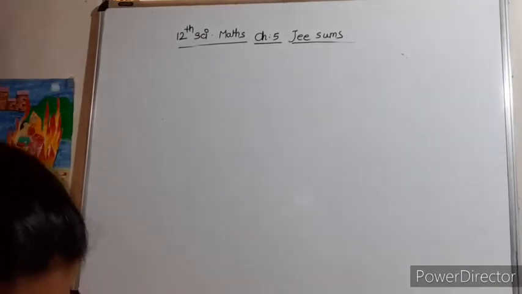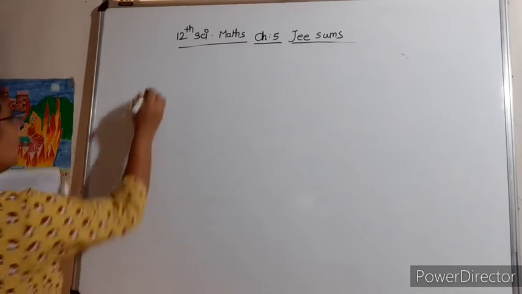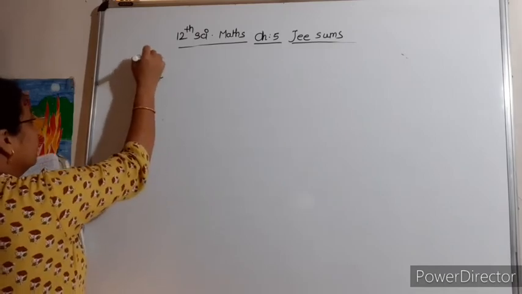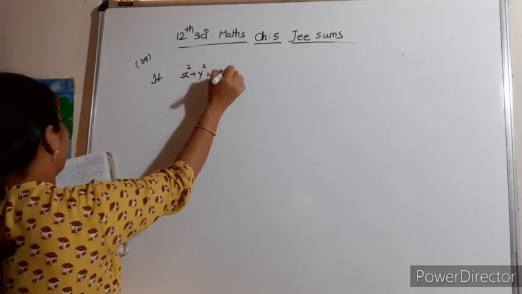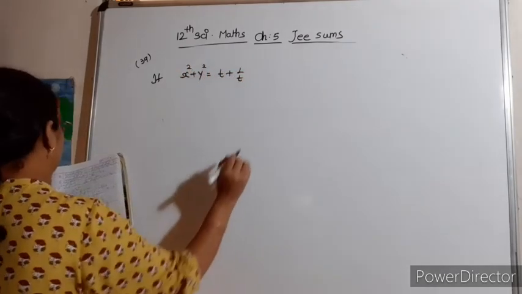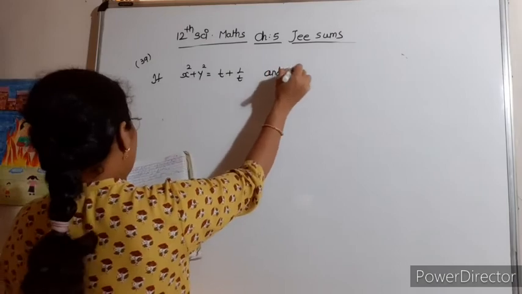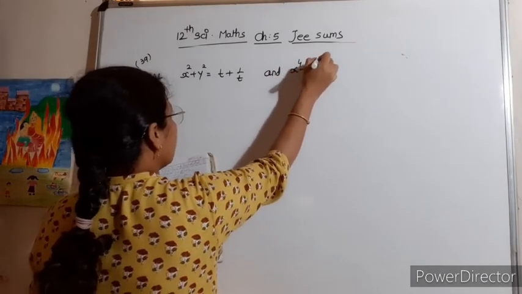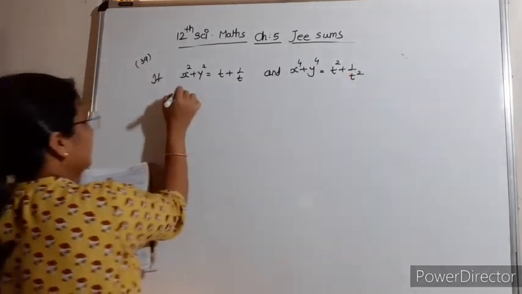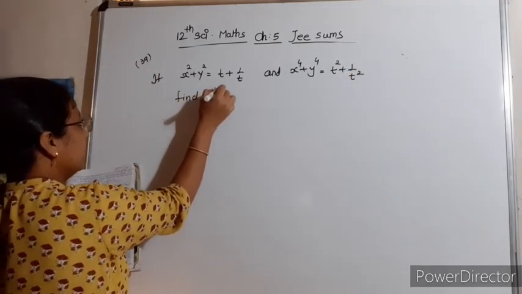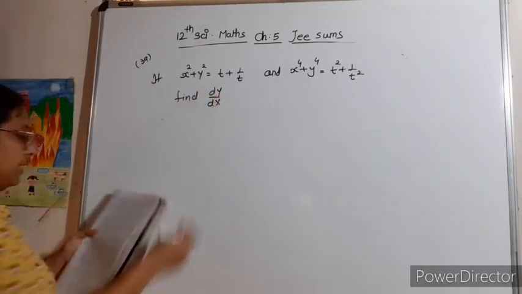39 is: if x square plus y square is equal to t plus 1 upon t, and x raised to 4 plus y raised to 4 is t square plus 1 upon t square, then find dy by dx.